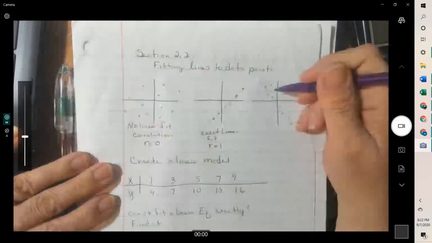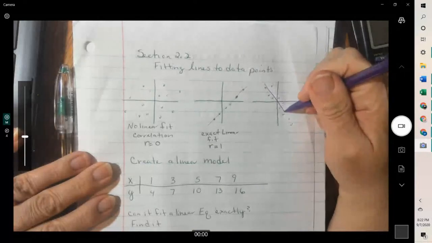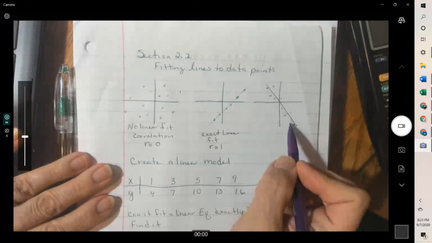This last one, you could tell that it's decreasing, and you can get a line pretty close to in between them. So this does have a linear fit, but it's not exact.